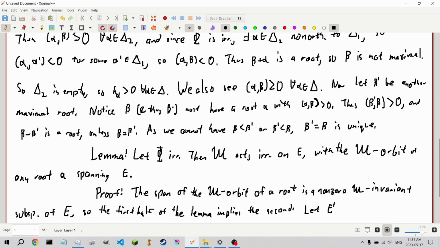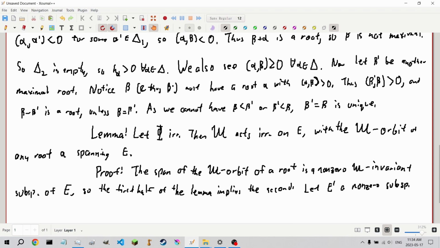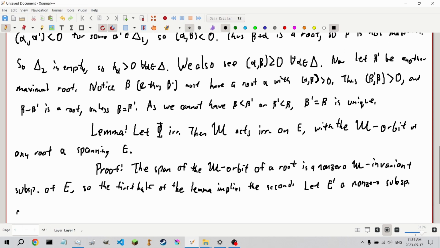Let E prime be, we're going to assume, a non-zero subspace of E invariant under the Weyl group.